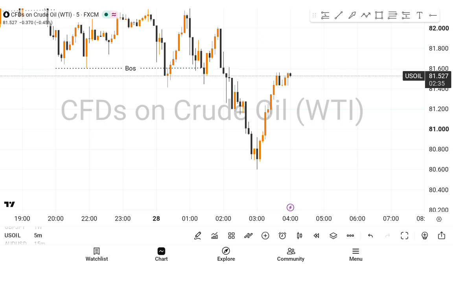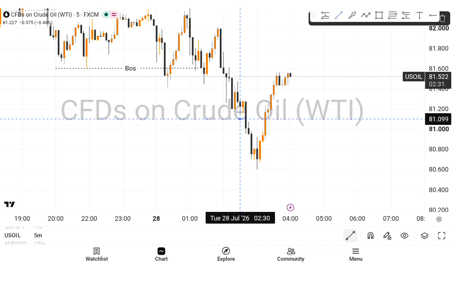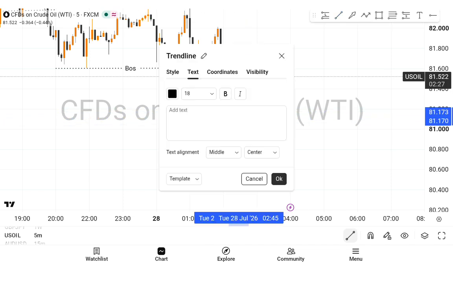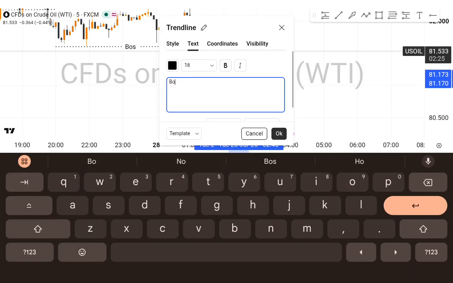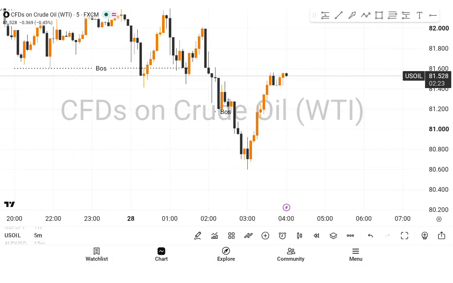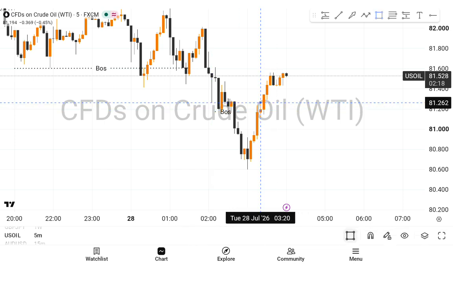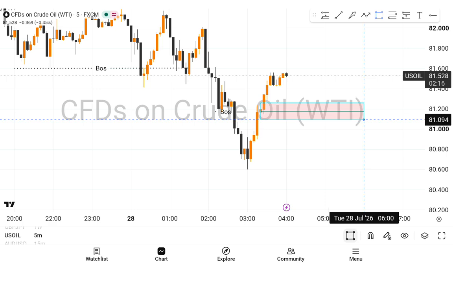There was this one here, there is this one here, and this will be the origin. This will be the order block that caused it. This order block here.